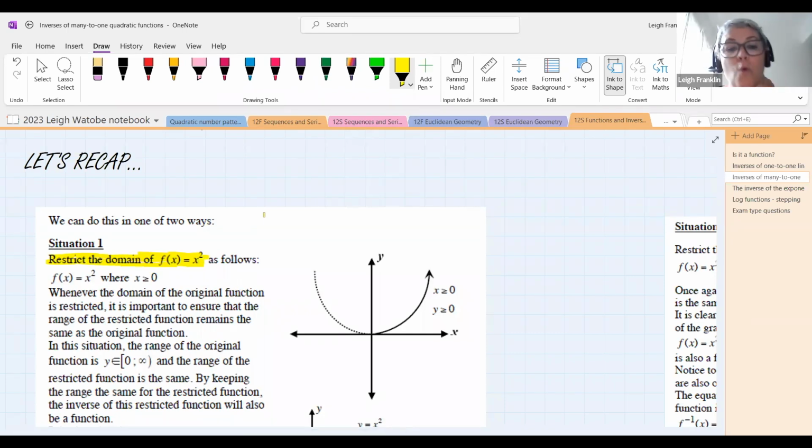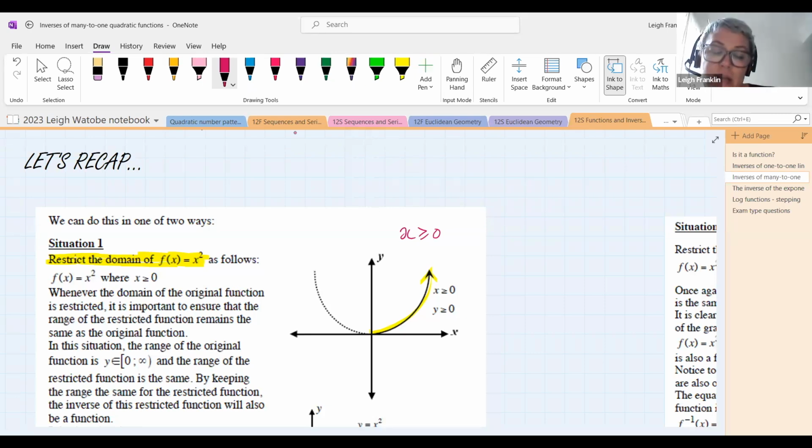Okay, so what we've got here is our original parabola. When I have restricted the domain to where x is positive, I've literally chopped off one of the arms of the parabola. So I'm only looking at the arm that's now in the first quadrant, and I'm not considering the fact that the other arm exists. So in other words, I have restricted the domain only to where x is positive.